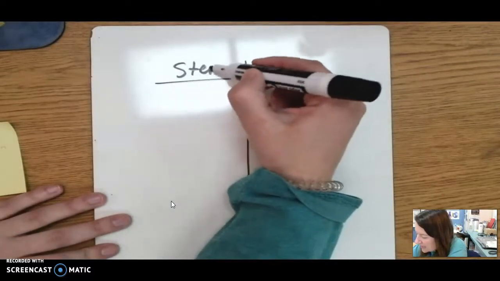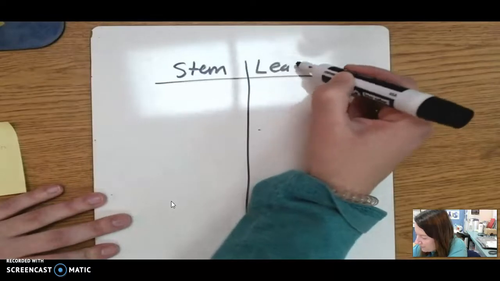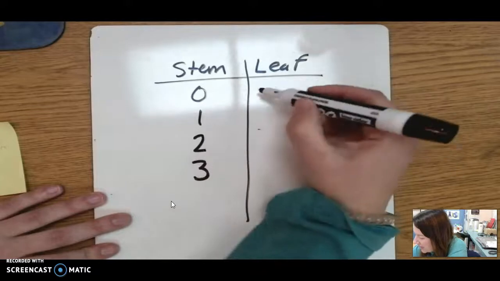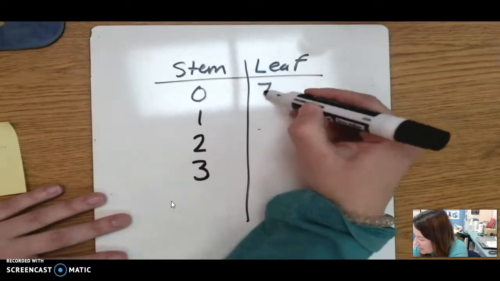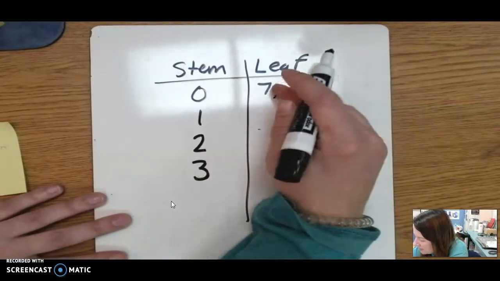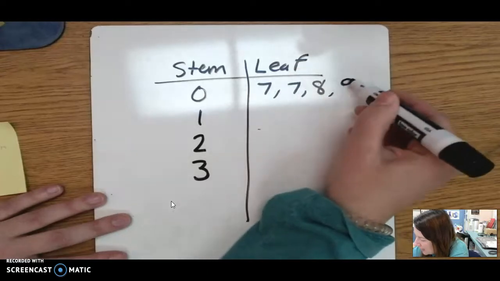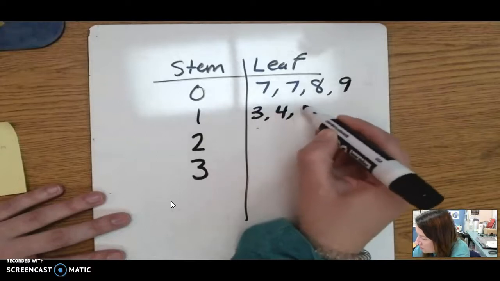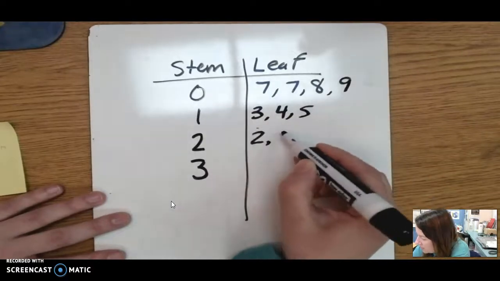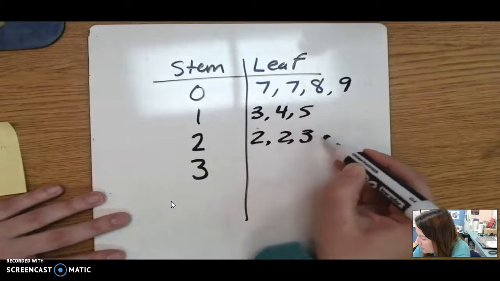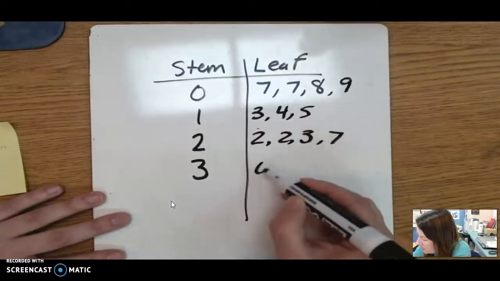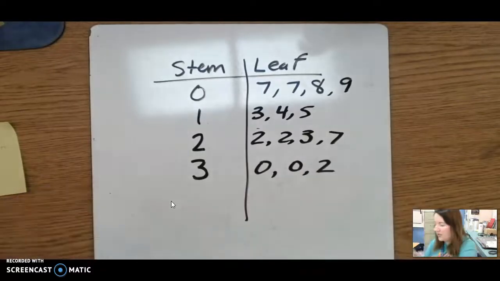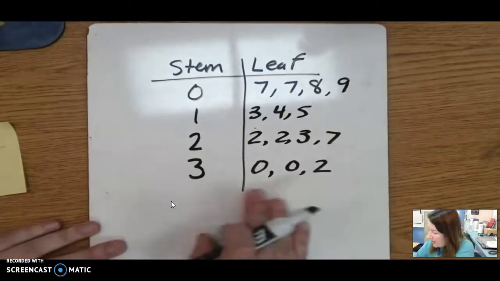So say we have a stem on this side and a leaf on this side. I'm just going to write some random numbers down here. All right, so here is the stem and leaf.